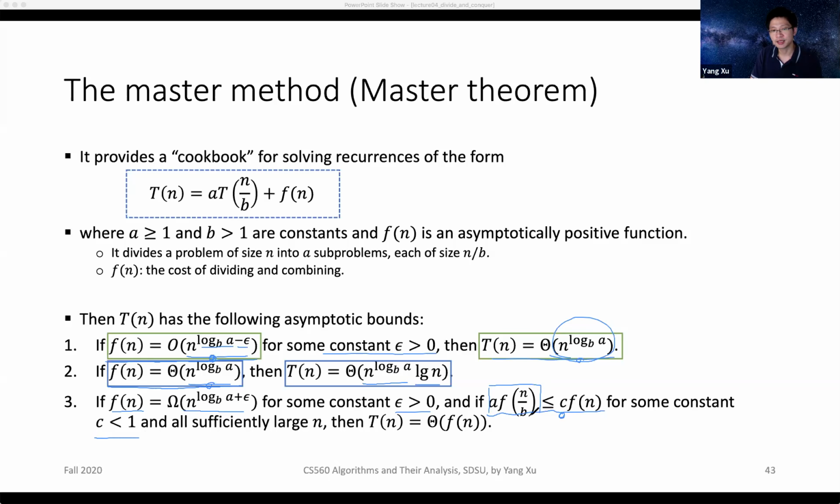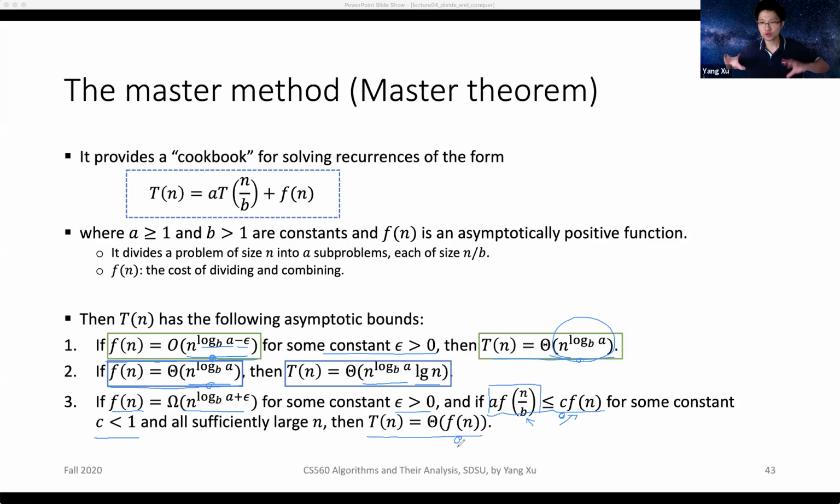It basically says that the dividing and combining cost related to all the subproblems should be smaller than the same cost of the original problem. So as long as these conditions are satisfied, T of n should be bounded by f of n. Okay, so that's 3 conditions for master theorem.